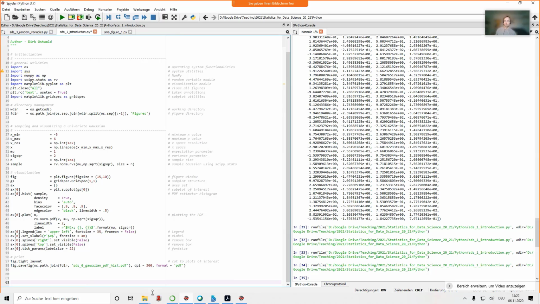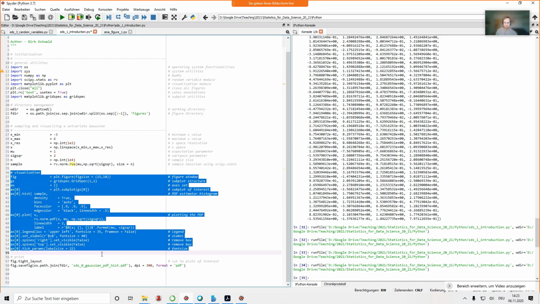Make sure that you understand SciPy Stats and that you are familiar with its main functions, namely RVS for random variable sampling, PDF and PMF for evaluating probability density and probability mass function. Sometimes you need the CDF, and sometimes you need the inverse CDF, which is called PPF, and you need some basic plotting. That's about it.